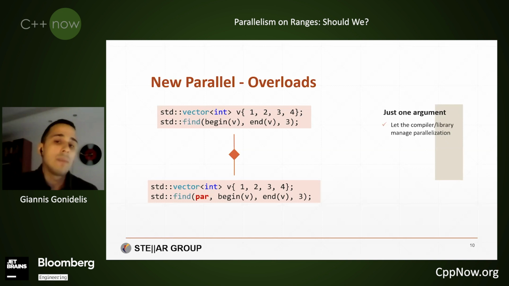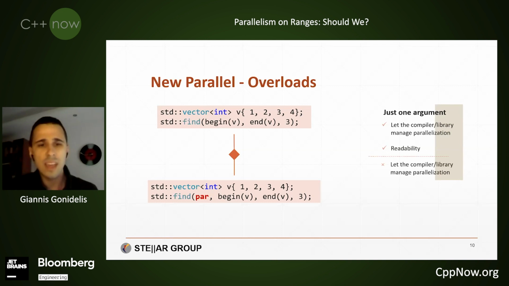So on the good side, you would let your system manage your parallelization, and it was very readable. But on the drawback side, you had to let your system manage your parallelization. In other words, you didn't actually have a word on how your whole sequence would be parallelized.